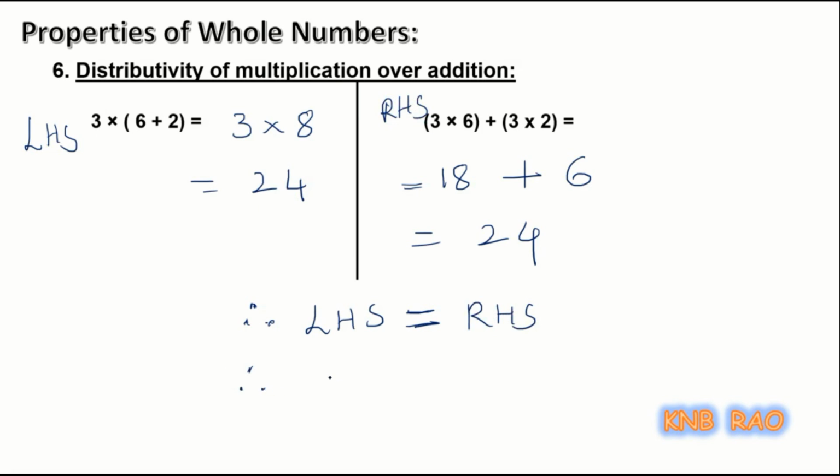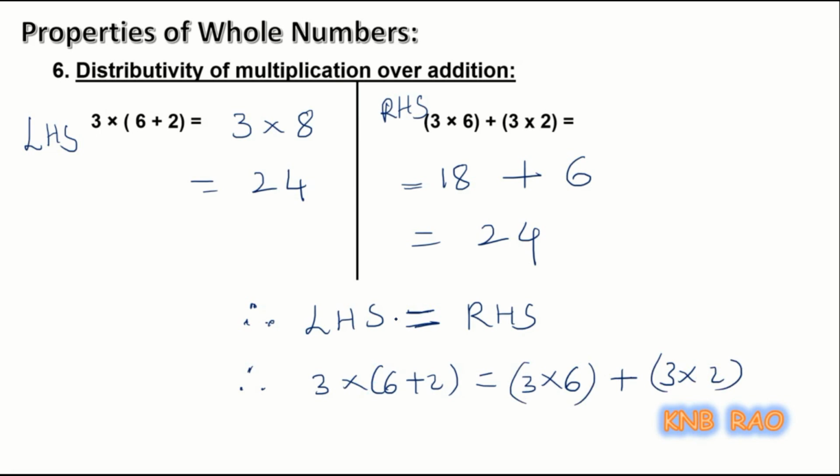Therefore, we can say 3 into (6 plus 2) is equal to 3 into 6 plus 3 into 2. We can conclude that this is how the distributive property can be checked and verified for numbers.